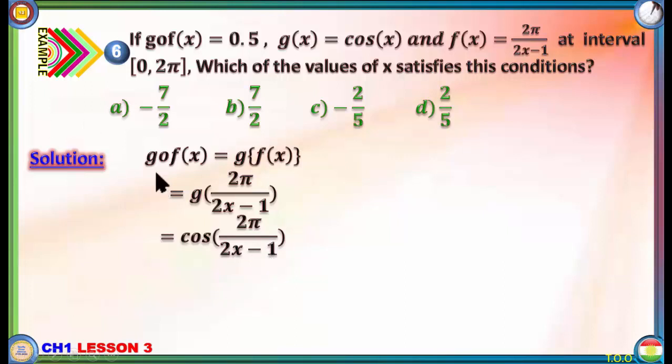Therefore, g of f(x) is equal to cosine 2 pi over 2x minus 1.